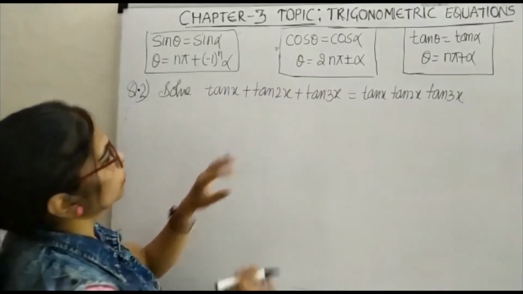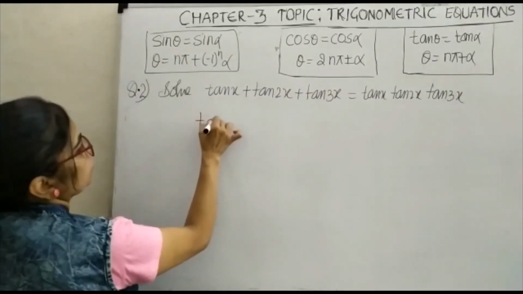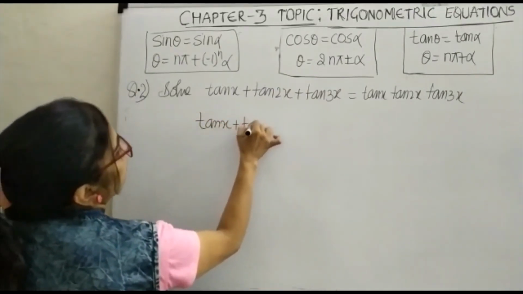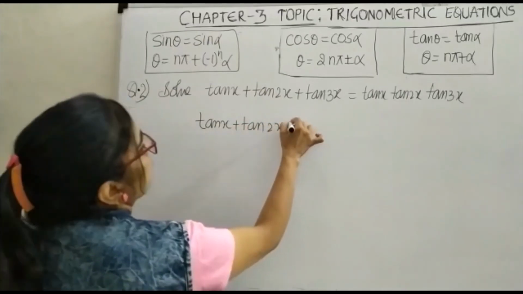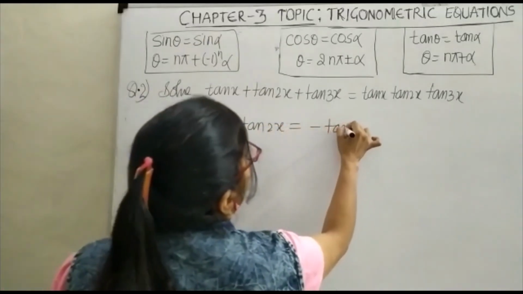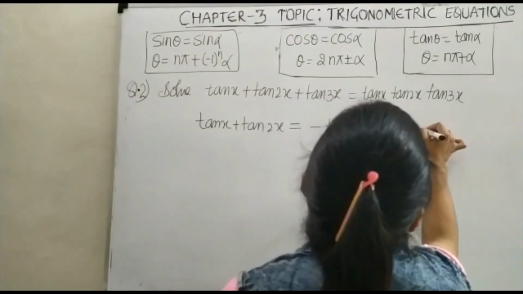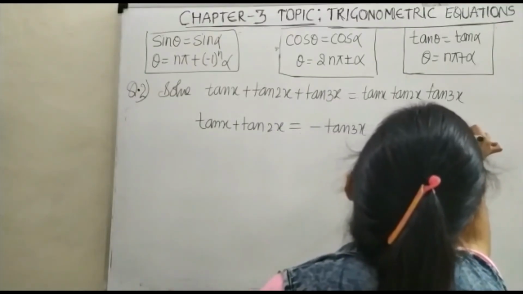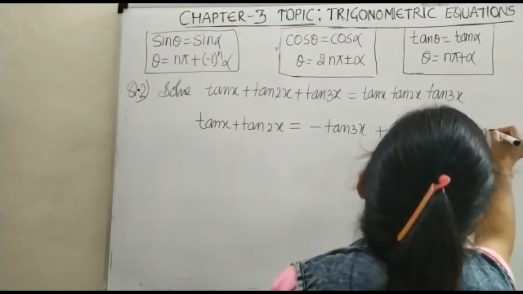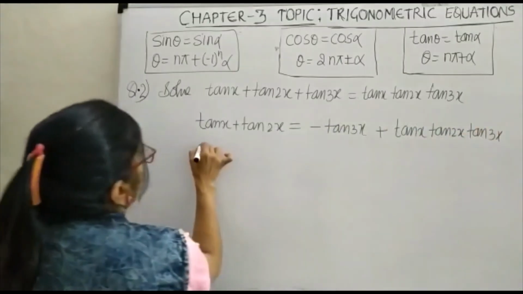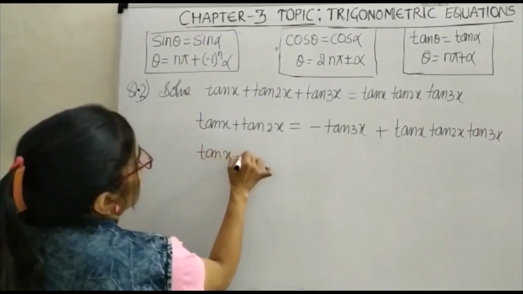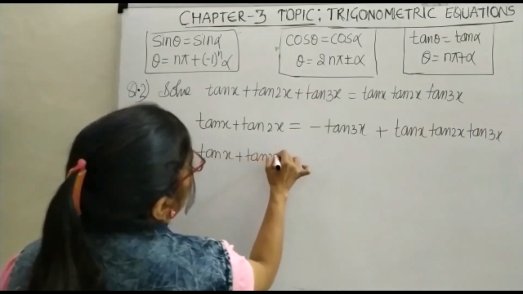In question number 2, we can do it in this way. tan x plus tan 2x is equal to minus tan 3x plus tan x tan 2x and tan 3x. Now just see here, tan x plus tan 2x.